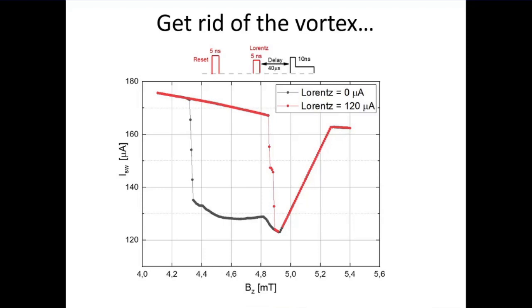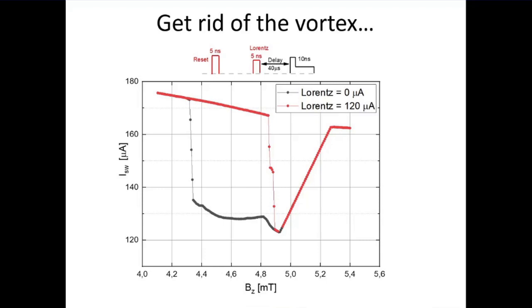But then we add one more pulse, which we call Lorentz. Its intention is not to switch the junction, because the black one is to test the junction, but this one is lower than the switching threshold; we just try to get rid of the vortex. Here I present one curve with a 120 microamp Lorentz pulse, a short pulse.